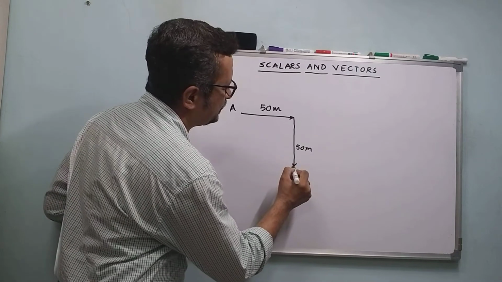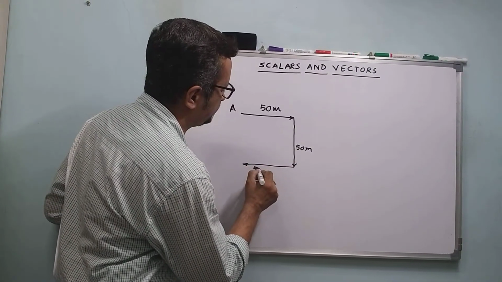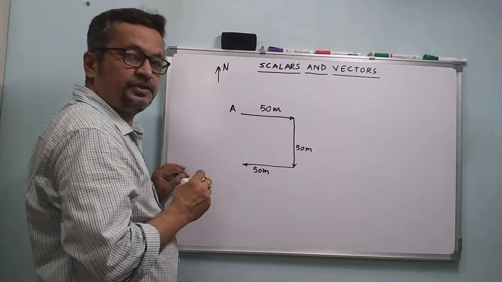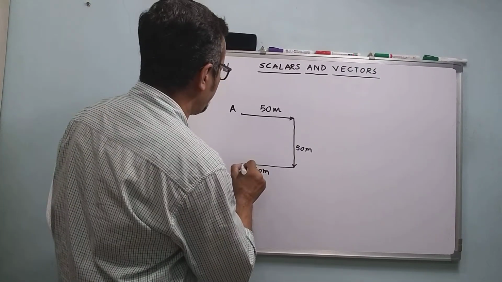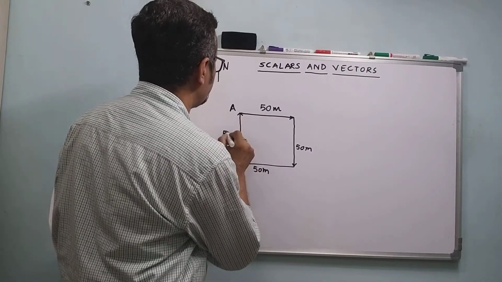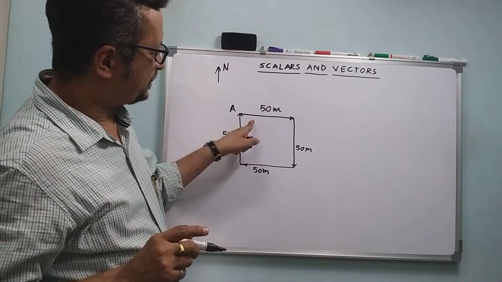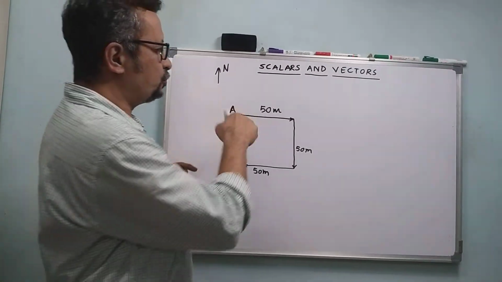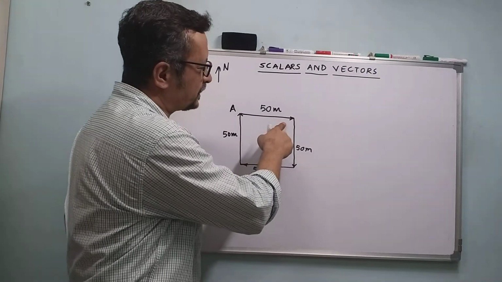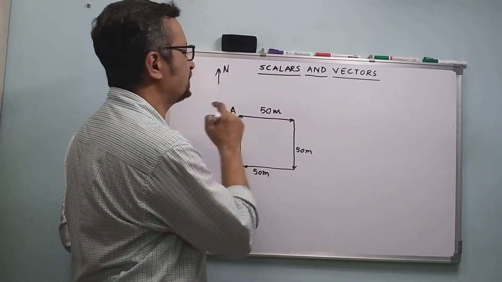I travel 50 meter towards west, and finally I'm traveling 50 meter to north. Now what you see here is towards east 50 meter, south 50, west 50 and north 50.